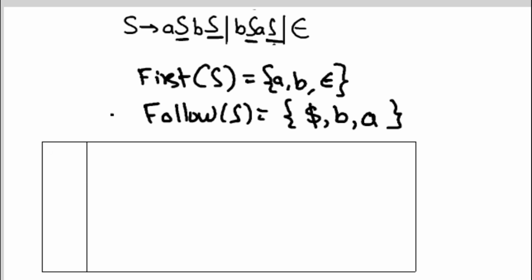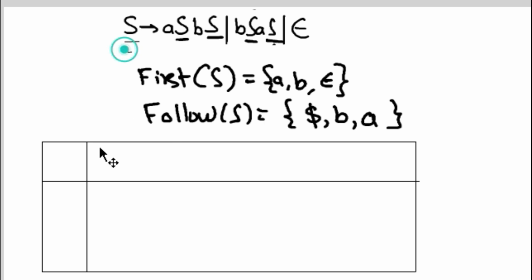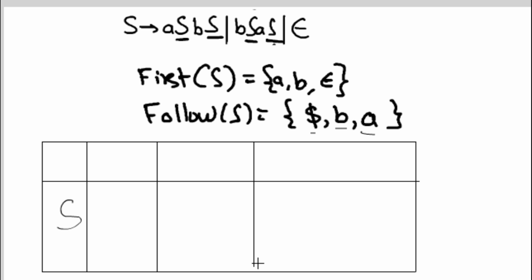So how many non-terminal symbols do we have? We only have S as a non-terminal symbol. So there we only need one row. Only S will be here. Now how many terminal symbols do we have? We have small a, we have small b, we have dollar, and that's all. So we need small a, small b and dollar, only 3 columns.